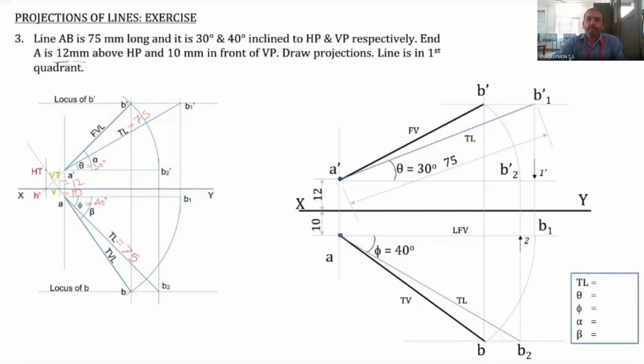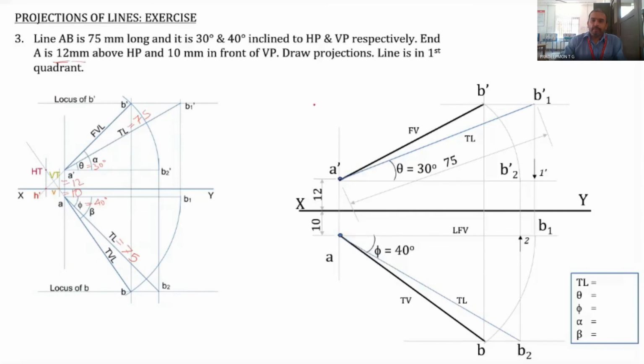Then finally, draw a box in which you write down the true length, which is already known, 75 millimeter, theta, which is 30 degree, phi, which is 40 degree, and alpha and beta, which you have to measure from the drawing.